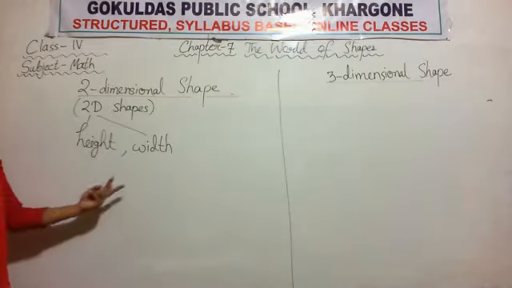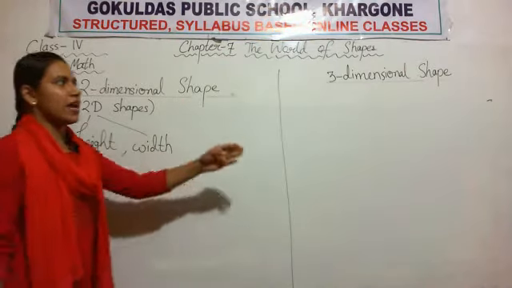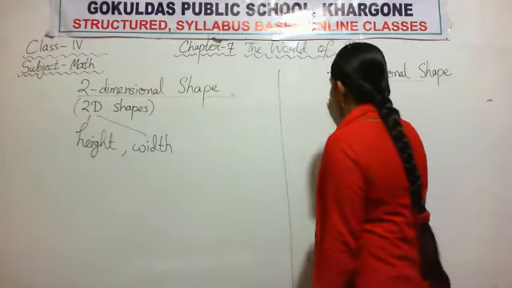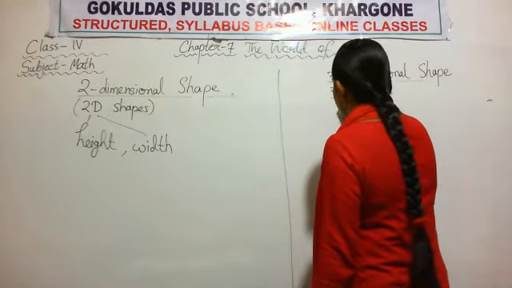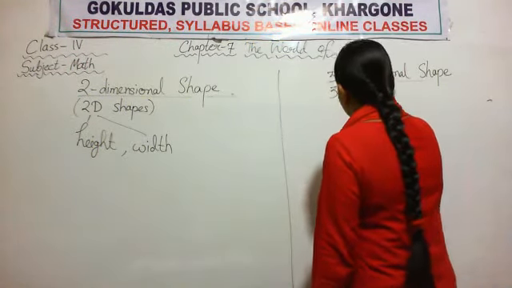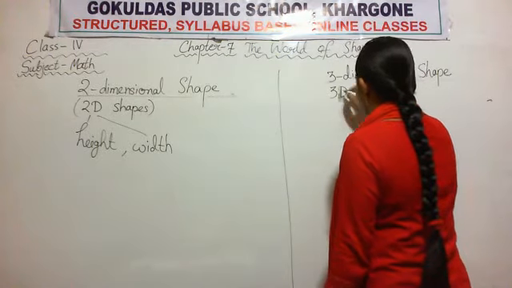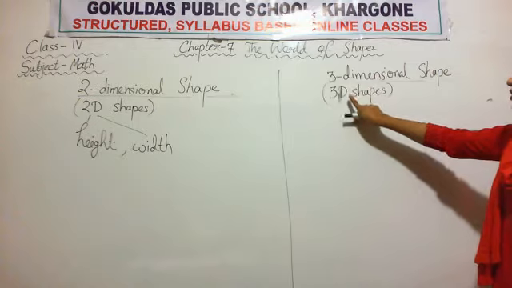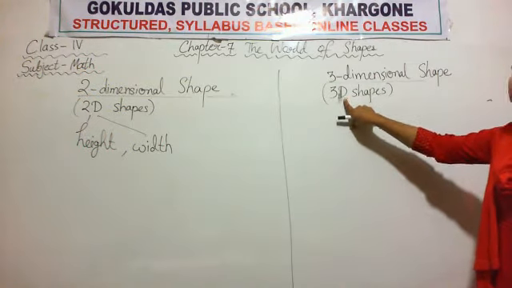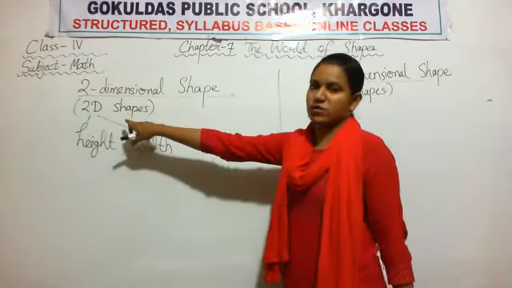We will talk about only two things. In three-dimensional or 3D shapes, in short, we can write 3D. We can write three-dimension as 3D, two-dimension as 2D.